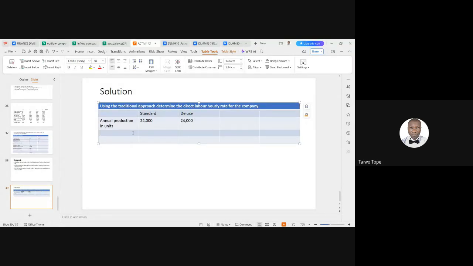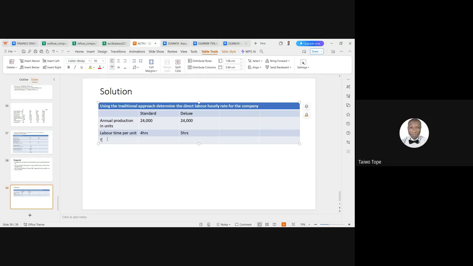For standard, the labor time per unit is 4 hours, and for the loss it is 5 hours.